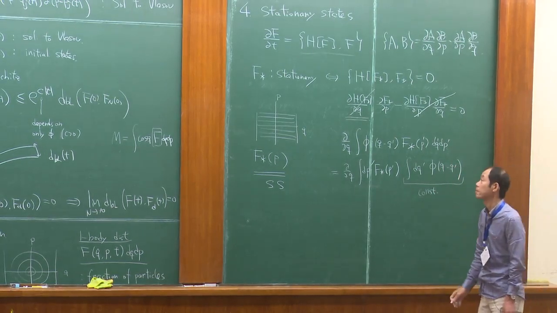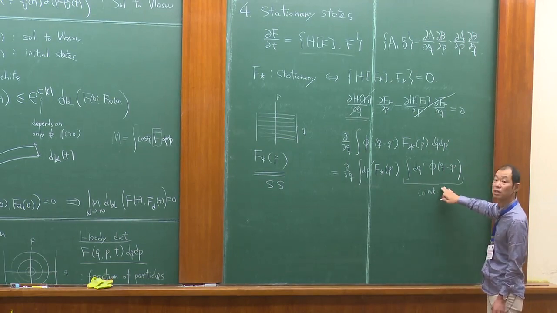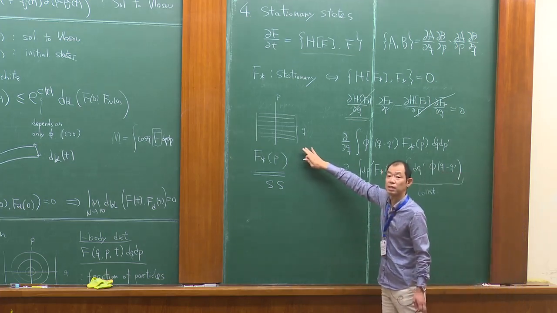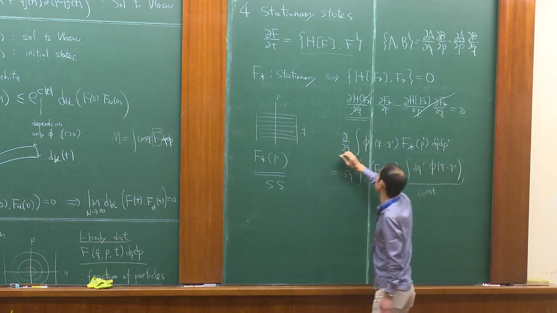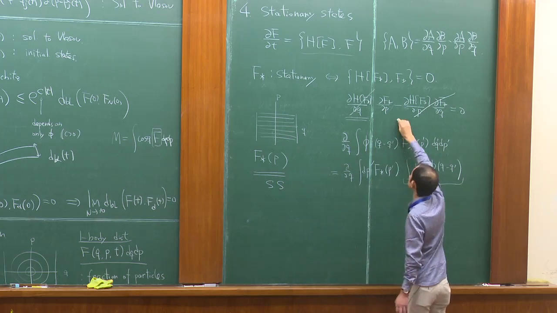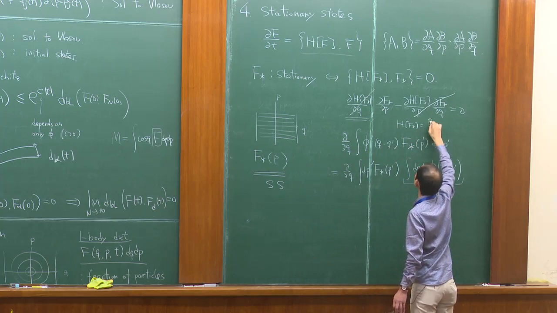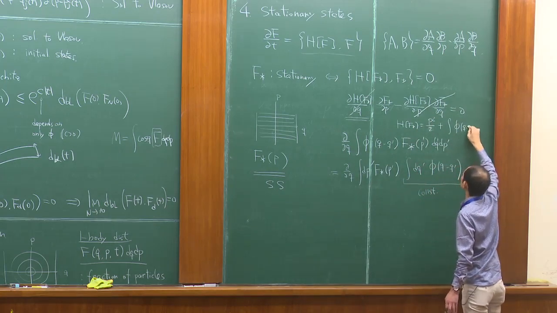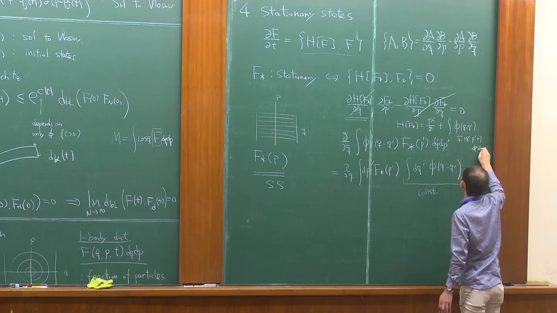Yes, del F star del Q is 0 because it is homogeneous in Q. And then del H del Q. So H of F star is p squared over 2 plus the integral of phi(q minus q prime) f(q prime, p prime, t) dq prime dp prime.